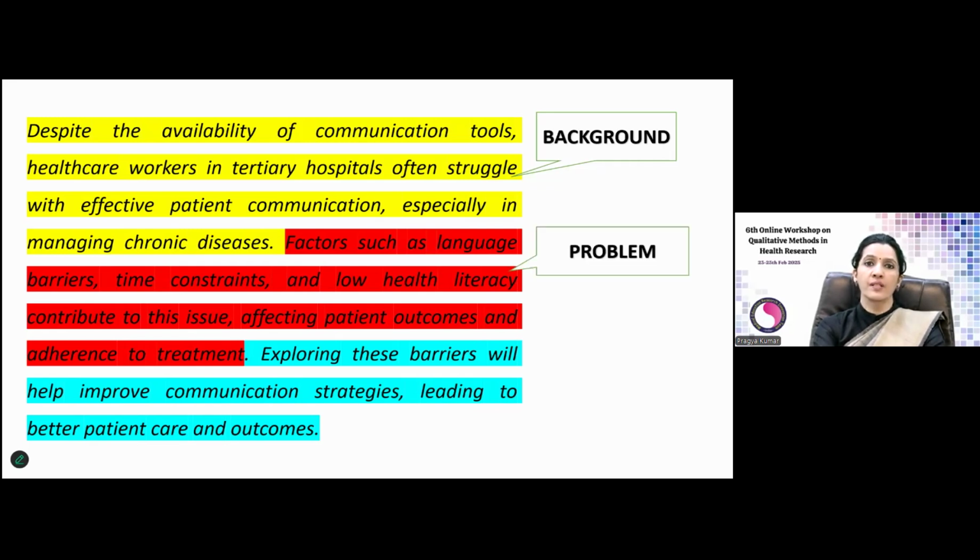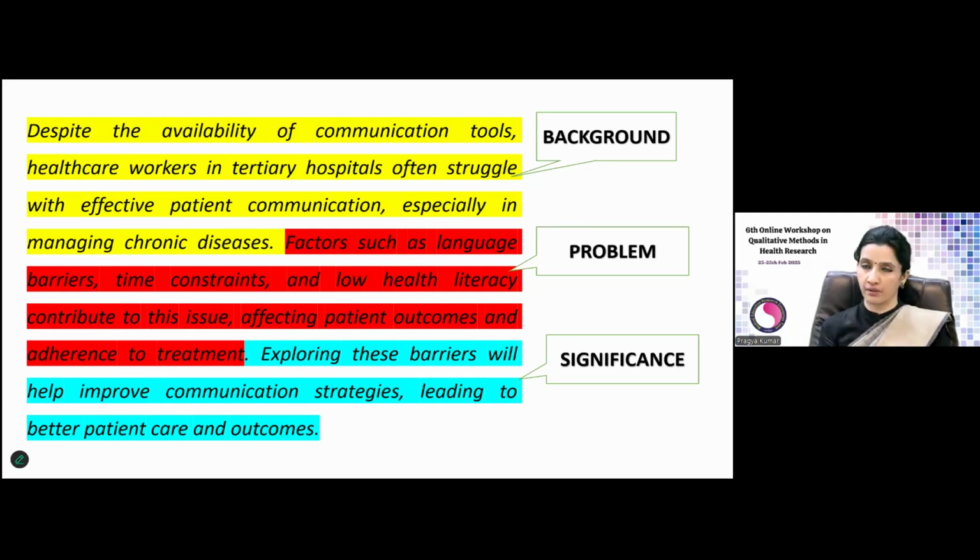The problem which he has identified is that the language barrier, the time constraint, and low health literacy are contributing to this issue. And then in the third sentence, he is telling you regarding significance: if you explore these barriers, or these problems, what help it is going to give. So these three sections, background, problem, and significance, should be there.